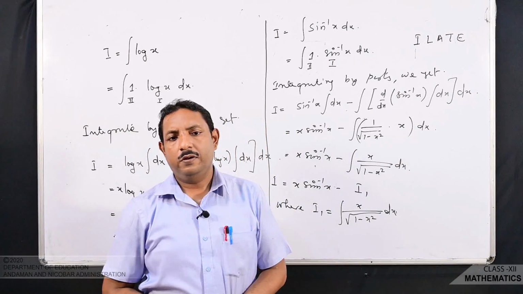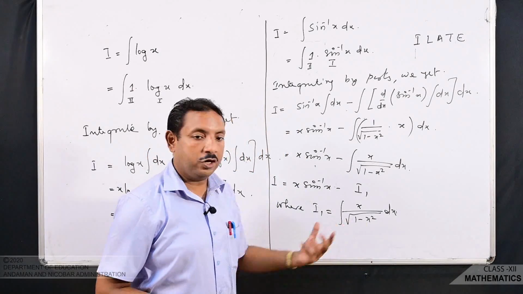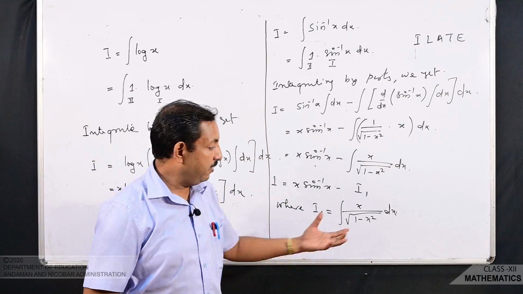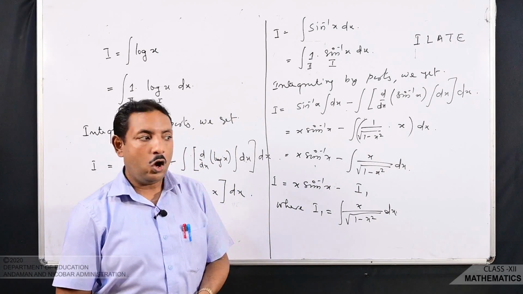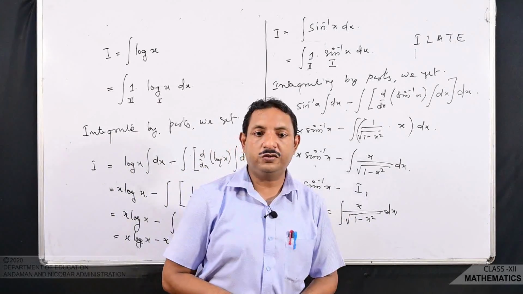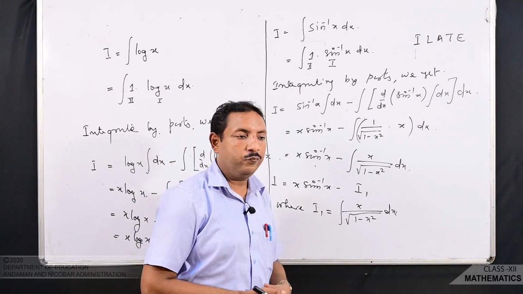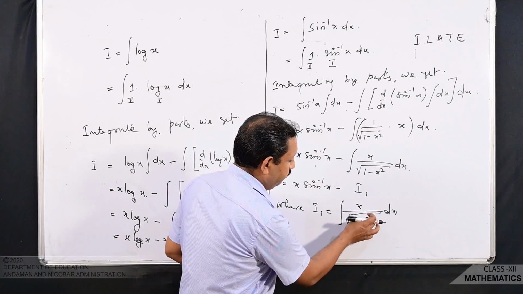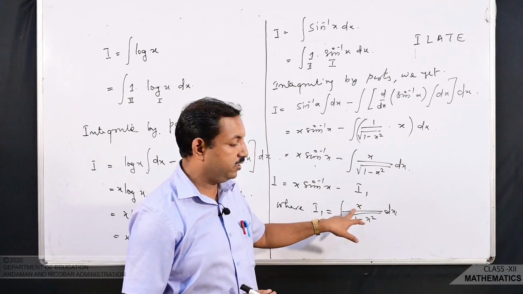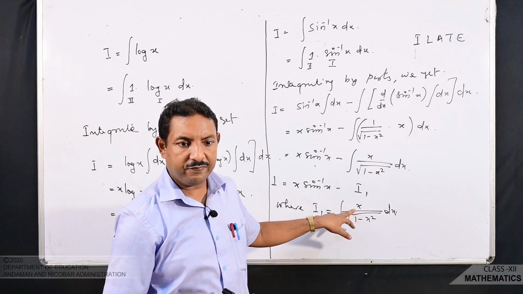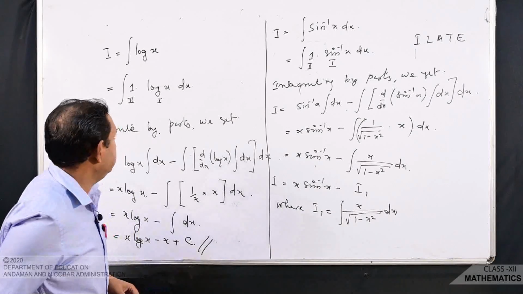You have the rules from before: the substitution rules, the bifurcation rules, or partial fraction rules, or even some adjustment you can do over here. So let us see what we can do. Suppose if you put this full expression as t, then the derivative will have something of x in it, which means it can be replaced.